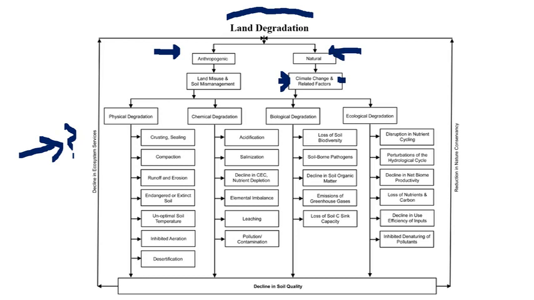Now, in terms of anthropogenic impacts, the causes are degradation, misuse of land, and mismanagement of the soil. On the other hand, natural land or soil degradation mostly takes place through climate change and related factors.